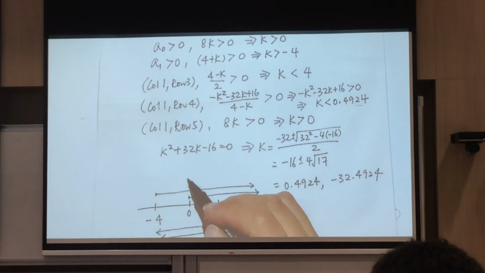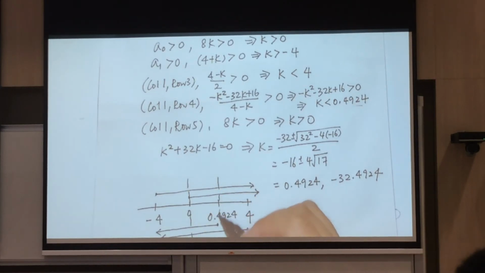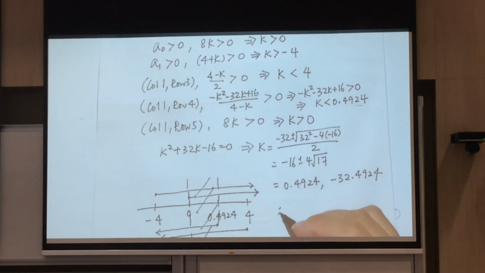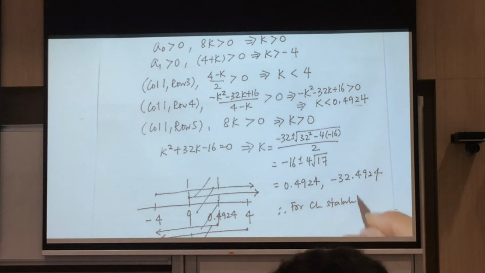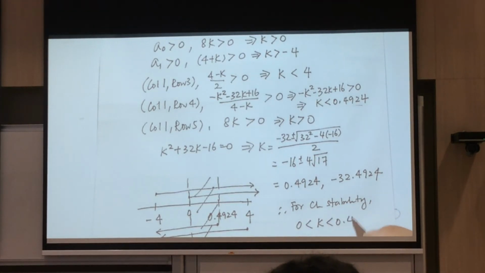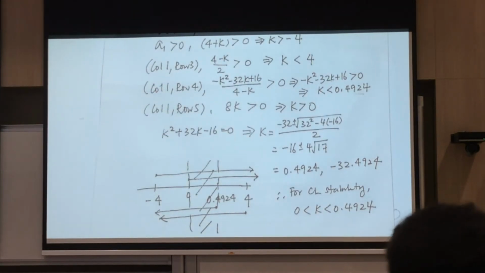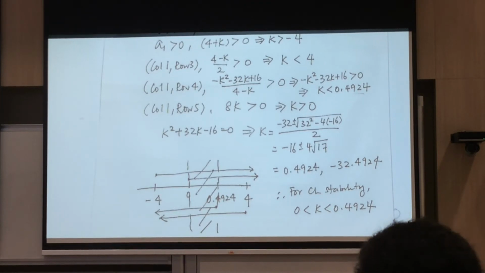Okay, so the common range is here. And for closed loop stability, k is between 0 and 0.49.